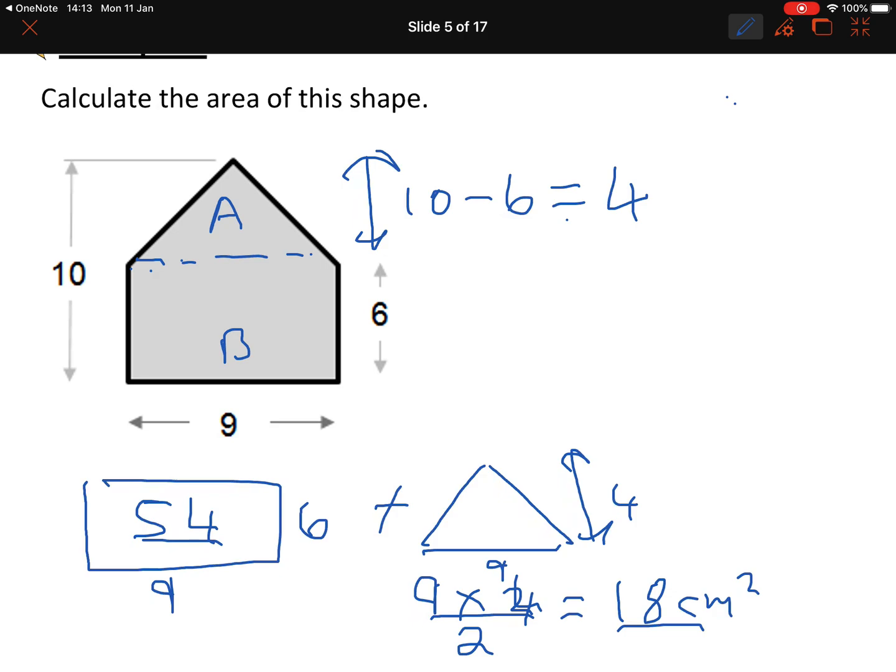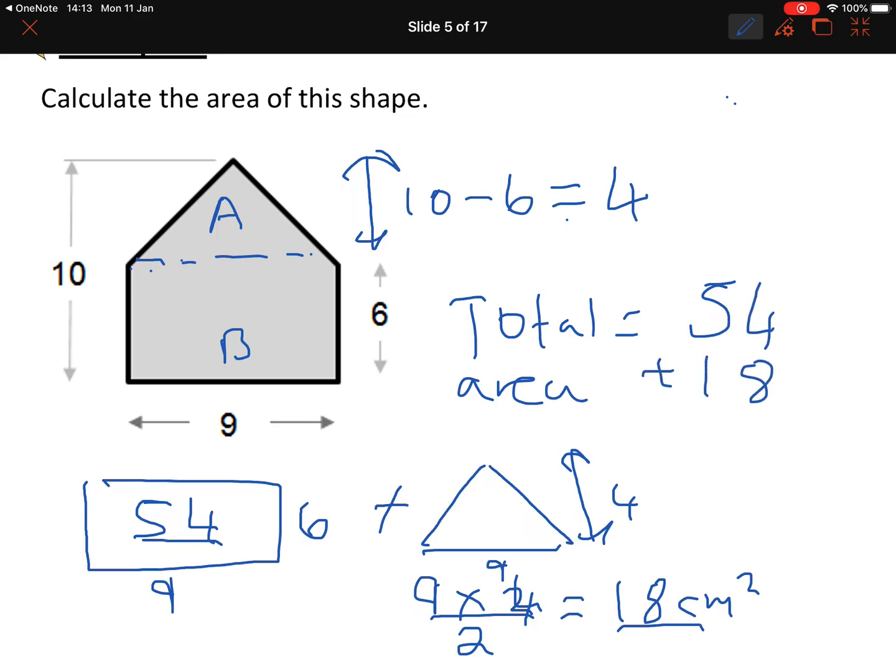So to find the total area, it's the sum of 18 and 54. So the total area would be 54 plus 18. You can do that in your head if you like, or you can just use the column method.